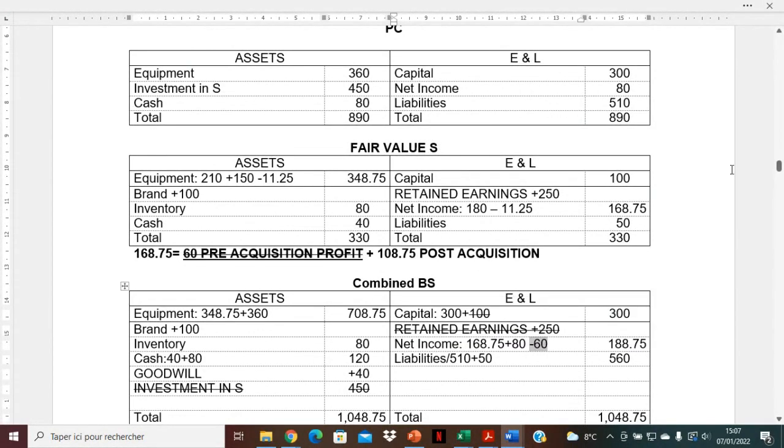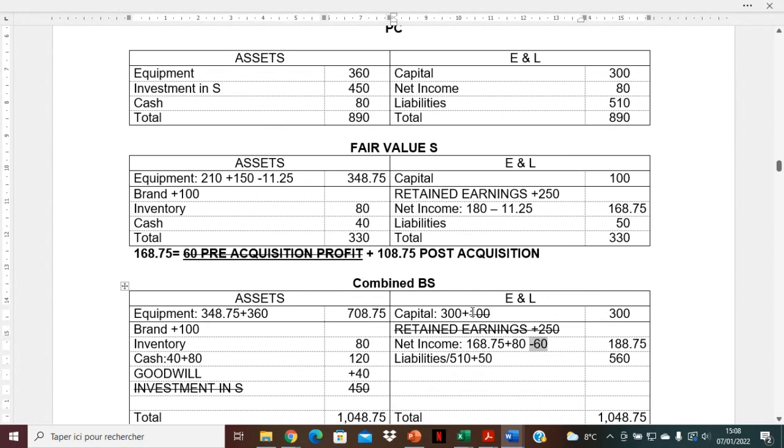So here we are in the same year. We are in year N. But obviously in n+1, in n+2, for the whole future, I always need to do the same elimination entries. As I said, I need to remember that when I purchased the subsidiary, there was a profit of 60. My question now is, in the following years, when I do the consolidation, where do I eliminate the 60?